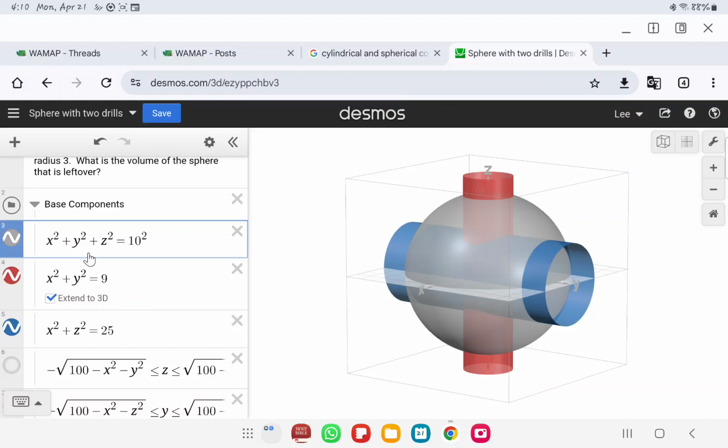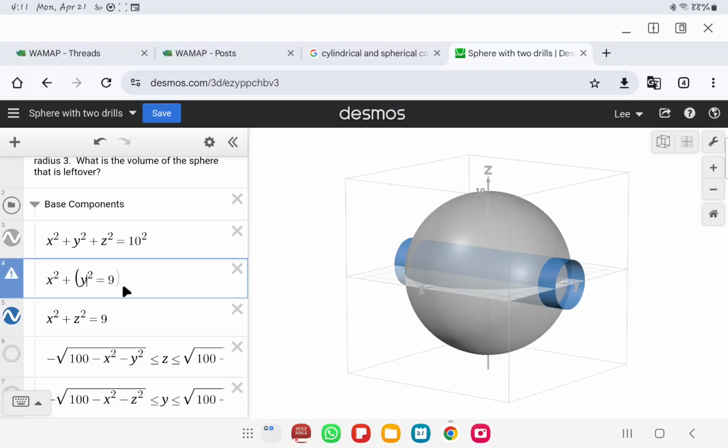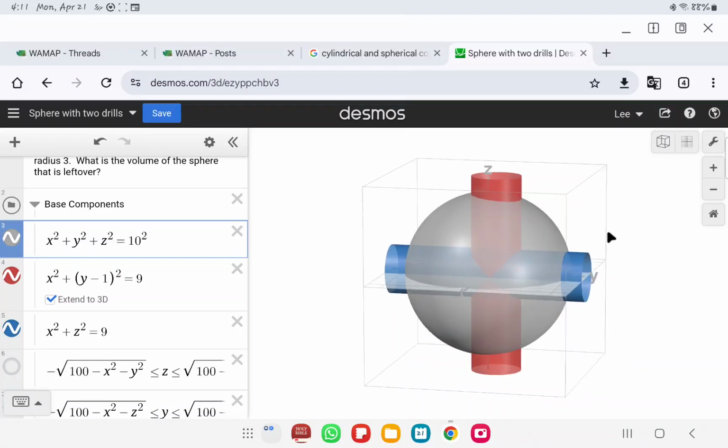You could also have spheres that are off center. So that could also be something that happens. If this were, we'll keep the same size for now and just say move one of these. So maybe this is a y minus 1 squared, and that gets moved over.